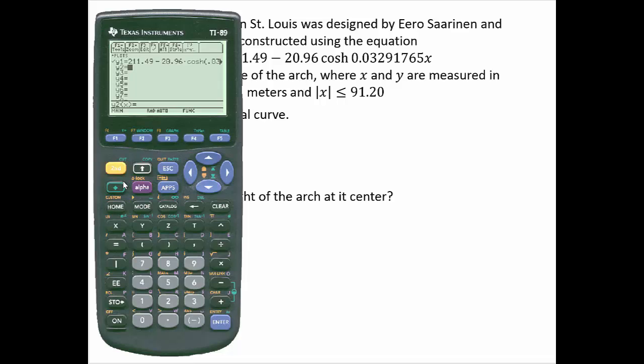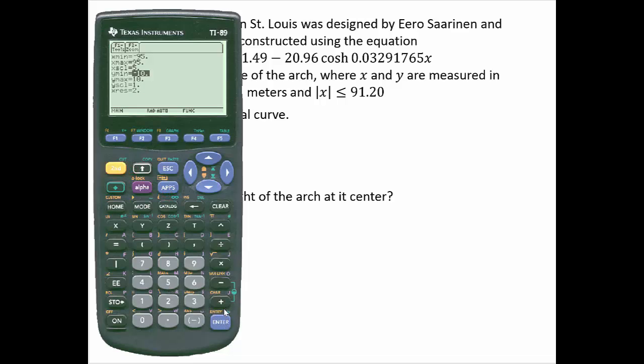We're asked to graph this where x and y are measured in meters and absolute x is less than or equal to 91.20. So let me go to my window. Since I want to see the x values between negative 91.20 and positive 91.20, I'm going to go a little bit further. I'll go from negative 95 to 95, using a scale of 5s on the x.